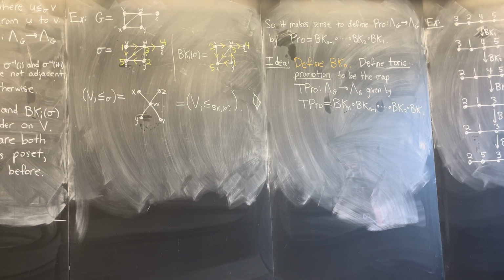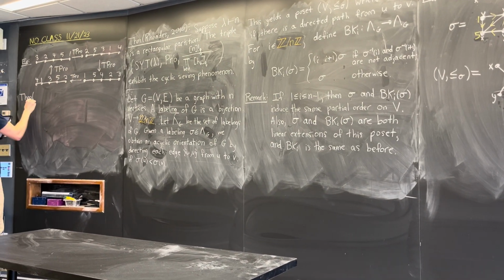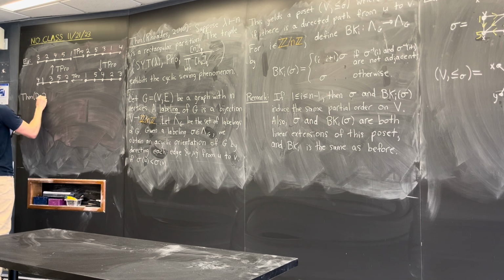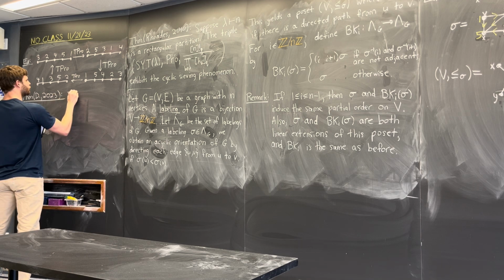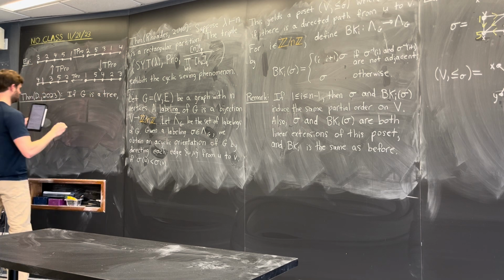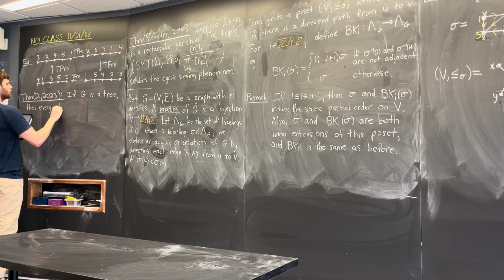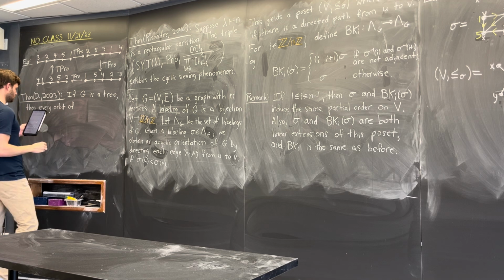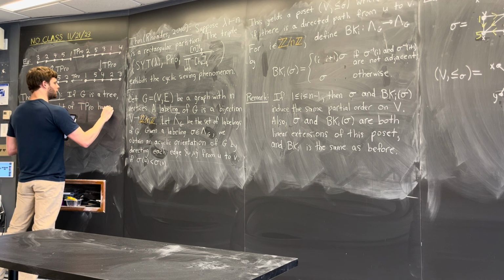So for example, here's just an orbit of size 4. And okay, so the theorem that I proved, which I guess was published this year: if G is a tree, then every orbit of T_pro has size n minus 1.